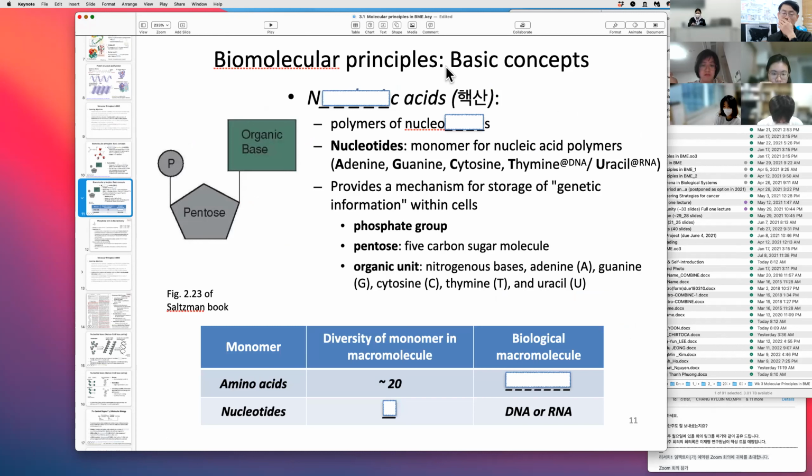The basic concept of this is in fact an acid. So what do we call this? Janice, how would you call this? Nucleic acid. Exactly, yes, we call it nucleic acid. You will find this in the cellular nucleus, right?